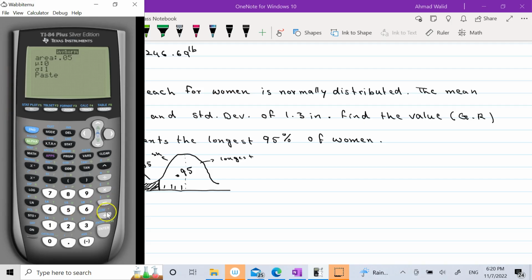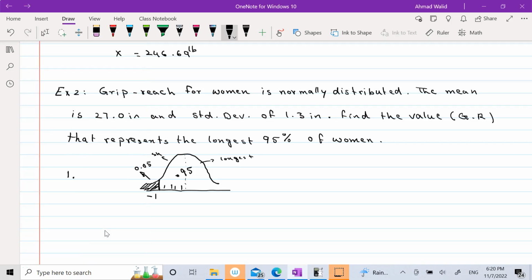And I'll come down and paste it. Enter, and again enter. Negative 1.645. This is actually my z-score. You see, you are on the left side of 0, correct? Your z-score should be negative, correct?